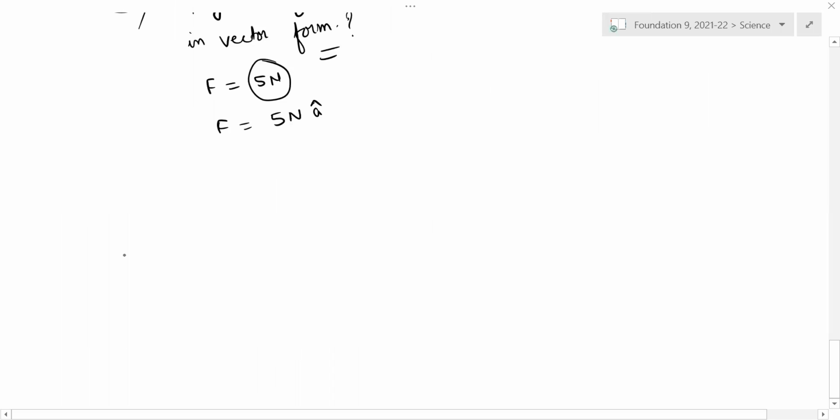Next question, are you ready? Okay, before the question, we will have some theory part. Resolution of a vector, we were discussing, beta. Say this is my vector, this is A vector, and if it is having some theta, we can resolve it into adjacent and opposite parts.